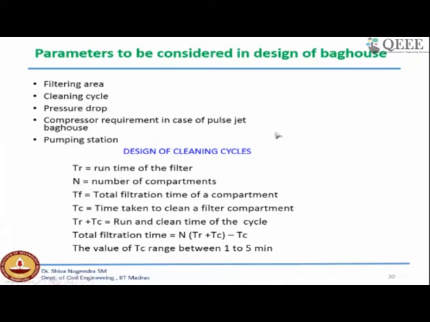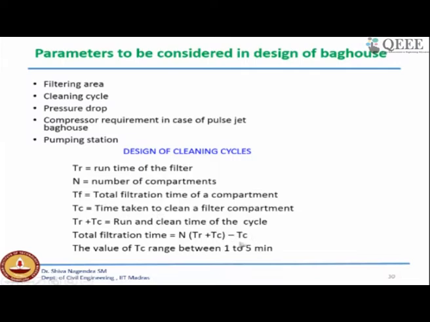What you need to know is the flow rate coming from the stack, and for the given flow rate you need to find the air to cloth ratio. Then you design the cloth area required, design the number of baghouses, identify the number of compartments, and determine the total filtration time as the run time of the filter plus the cleaning time of the filter.